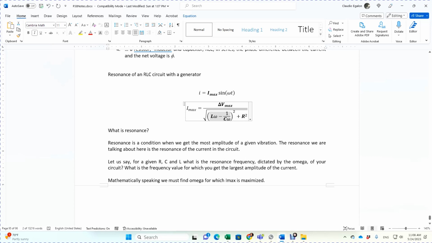So the only way that we can maximize Imax is by making this term equal to 0. That's just by analysis; you can also find that out by differentiating. Making this one equal to 0, then Imax is going to be delta V max divided by R. If this term is not 0, then Imax is going to be delta V max divided by a term that's greater than R.